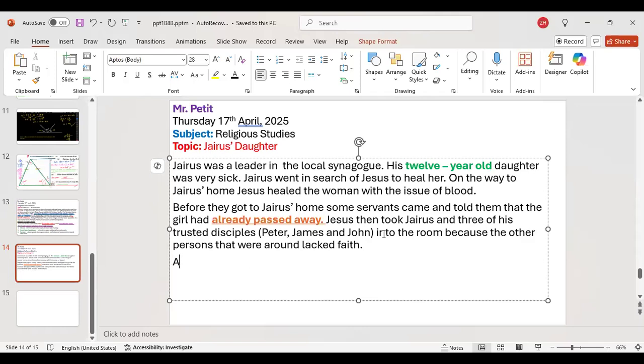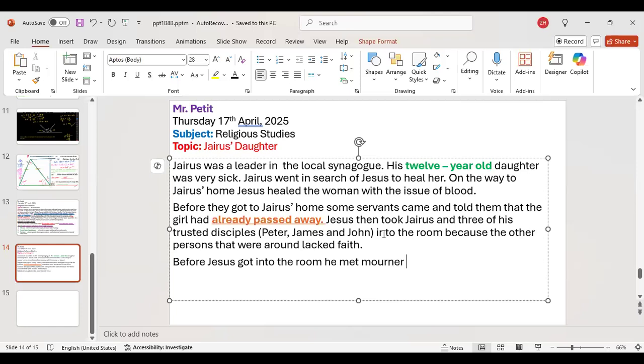Noteworthy, also before Jesus got into the room, he met what? He met mourners.